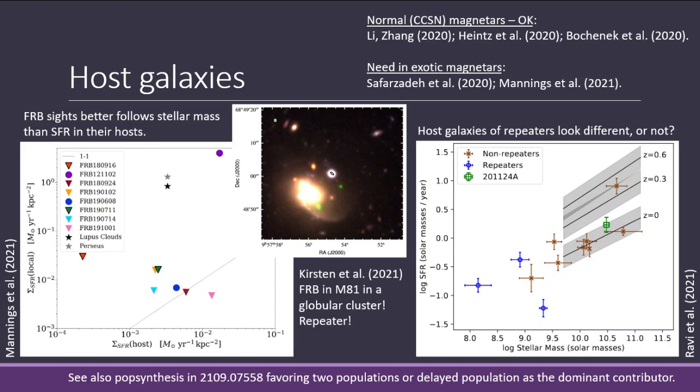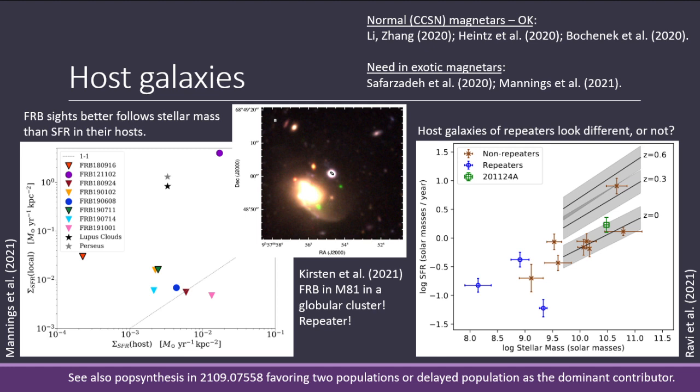But what is really important now is to study host galaxies, because here the situation is very controversial. There are not so many identifications now. Some of them, as you saw already, are very peculiar. And when people try to do some statistics with these roughly 20 identifications, they come to contradictory results.